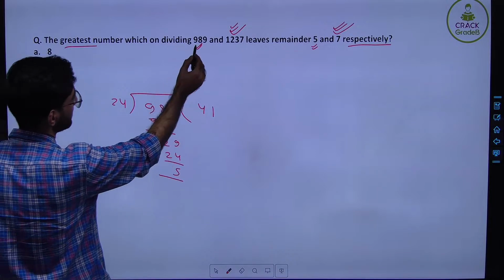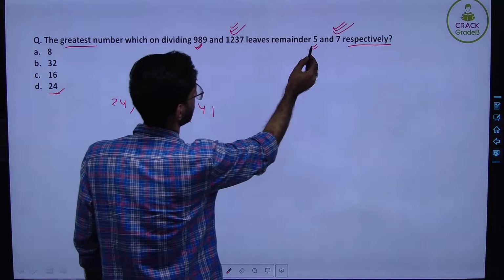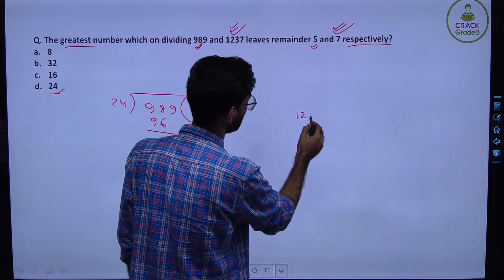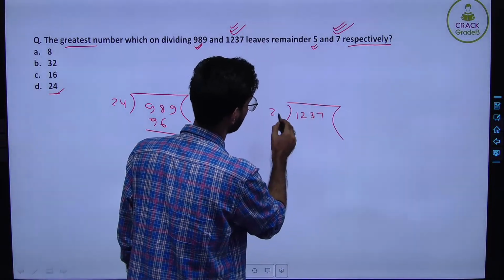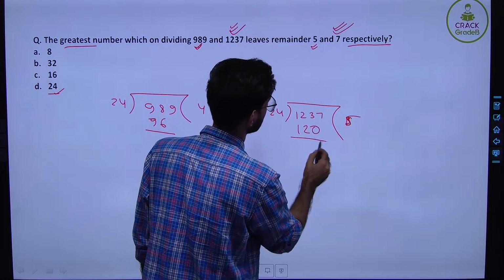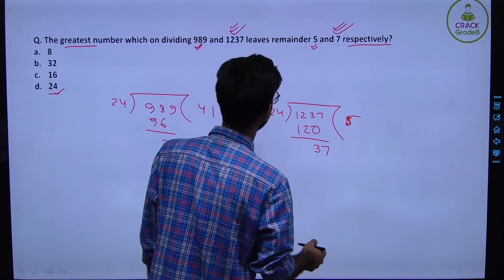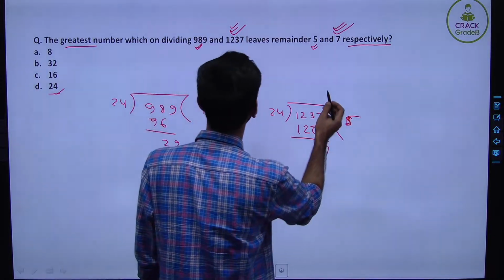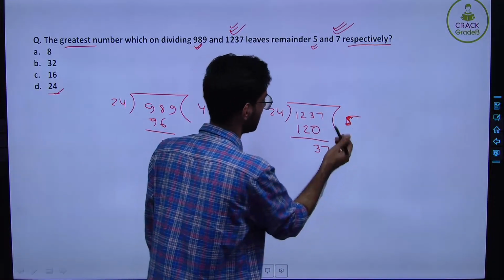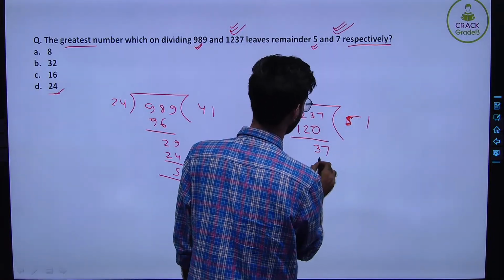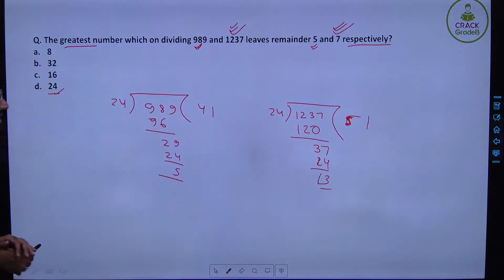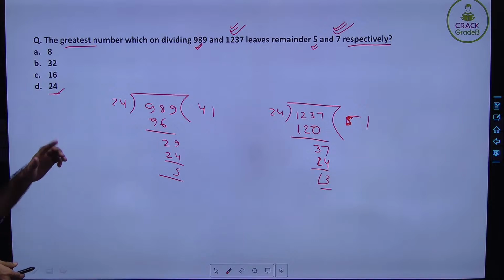Okay, if I divide 989 by 24, we got remainder 5, right? If you divide 1237 by 24, 24 into 5 is equal to 120, then 37. Okay, are we missing something? Maybe it is the answer, I am not sure. So 24 into 4 is 96, and the remainder is 13. Okay, 24 is not the answer. Why? Because we are getting 13 as remainder, but we need 7 as remainder.